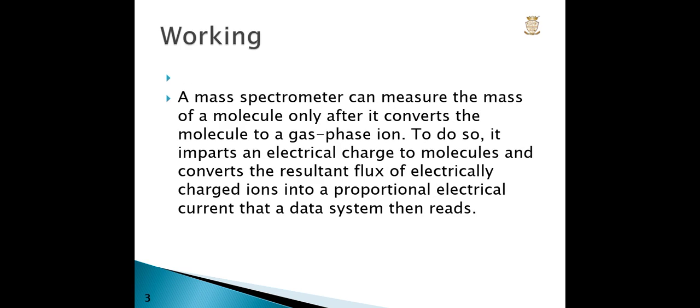Working: a mass spectrometer can measure the mass of a molecule only after it converts the molecule to gas phase ions. To do so, it imparts an electrical charge to the molecules and converts the resultant flux of electrically charged ions to a proportional electrical current that a system then reads.